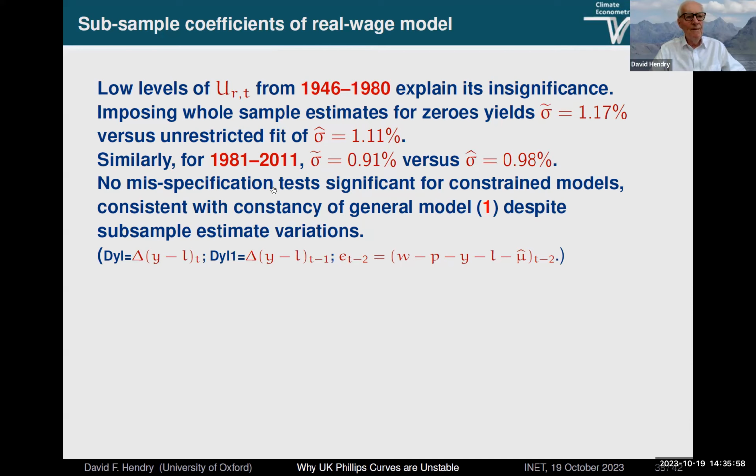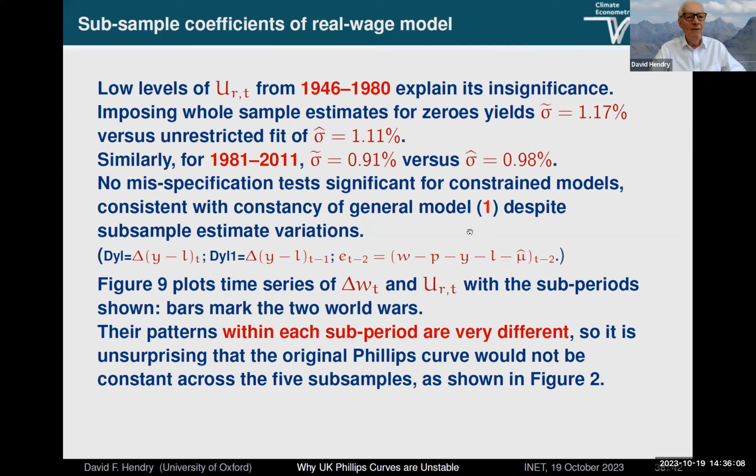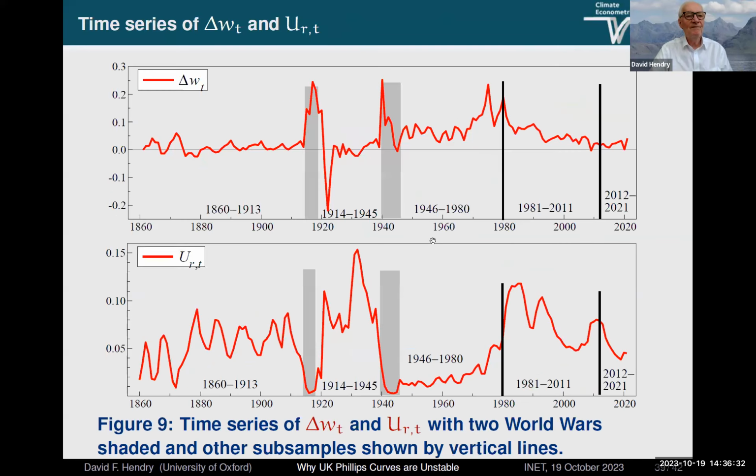So no misspecification tests are significant for these constrained models using the full sample estimates in all the subperiods. And what do we find? Well, we find that it's constant in all the periods. So if we use the full sample estimates in the subsamples, so we keep those coefficients, then that X variable explains the constancy right across. But if you estimate the model in the subsamples, and these are not significant because they're not varying, you get the Phillips curve shifting all over the place.